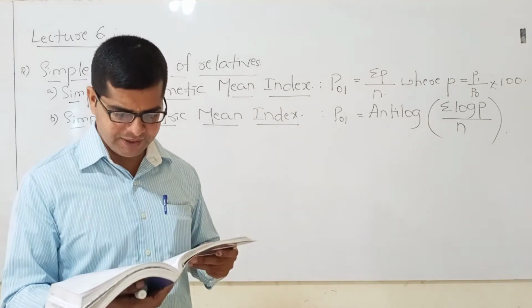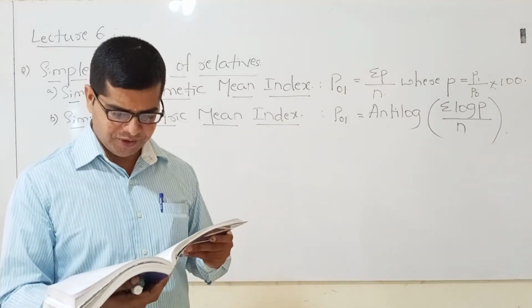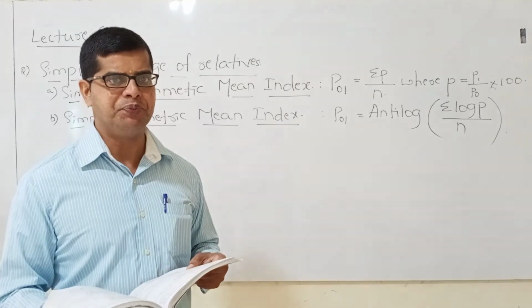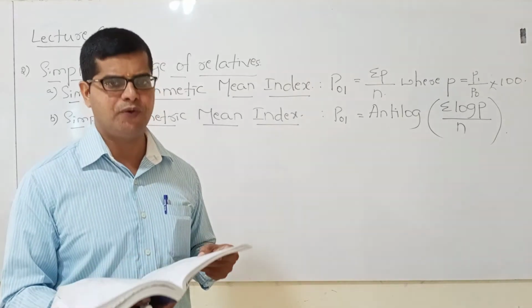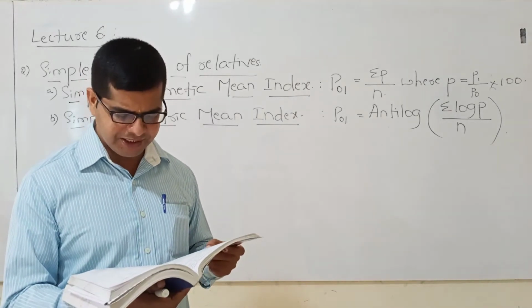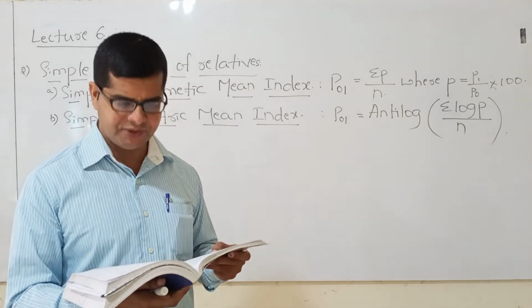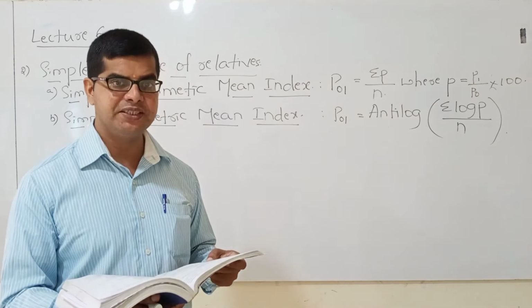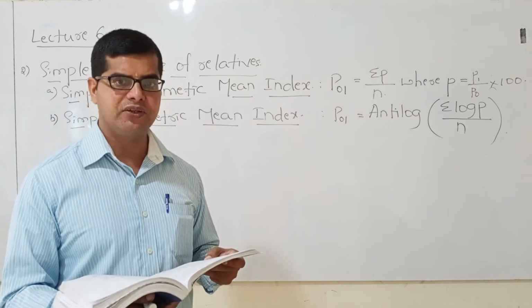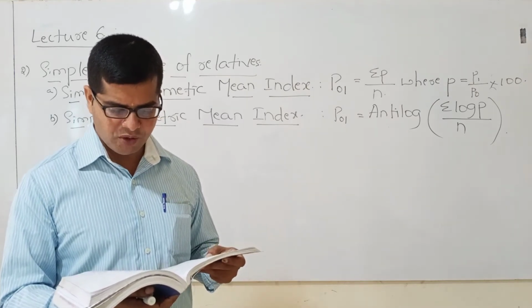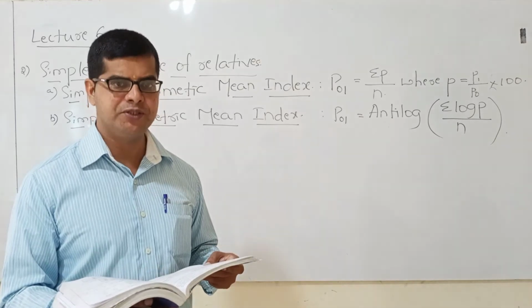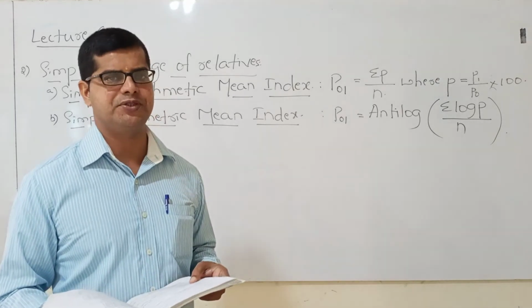So 2010 is P0, 2012 is P1. Prices of items A, B, C, D, E: in 2010, 26 rupees, 42 rupees, 20 rupees, 16 rupees, 50 rupees. In 2012, 29 rupees, 40 rupees, 24 rupees, 16 rupees, 60 rupees.